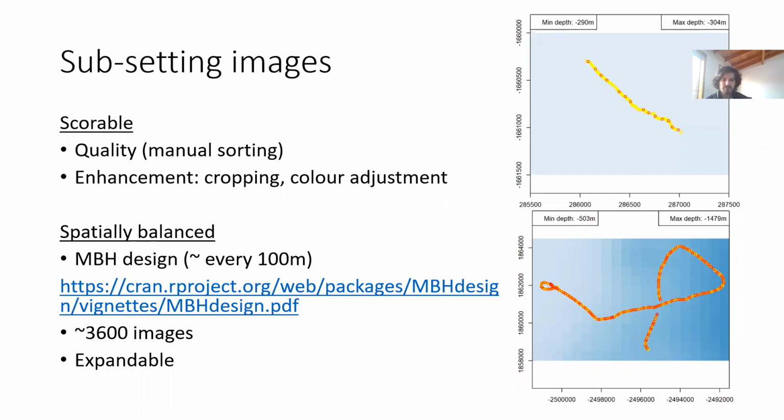To do this, we're using an MBH sampling design and selecting images at approximately every 100 metres along transect lines. This approach is really fantastic because it's also expandable, so we can increase our sampling effort over time without introducing any spatial biases.